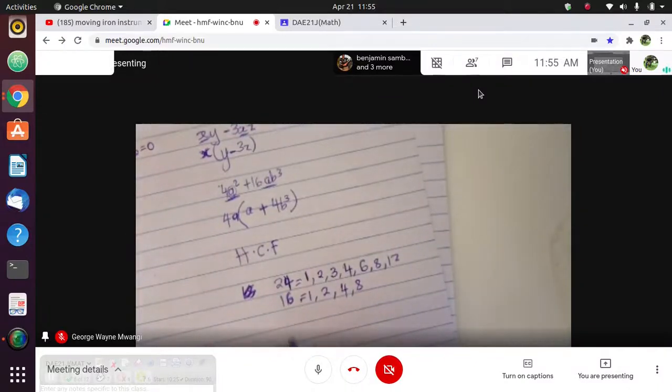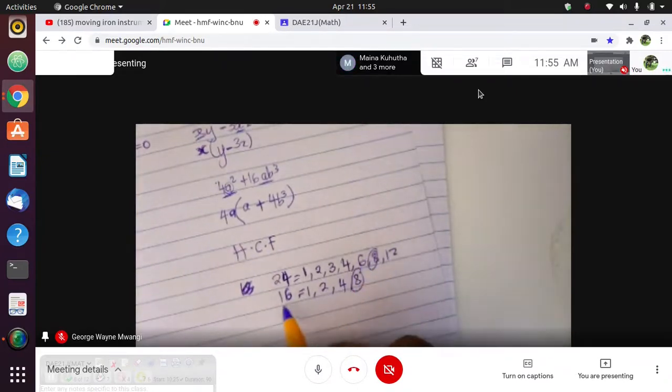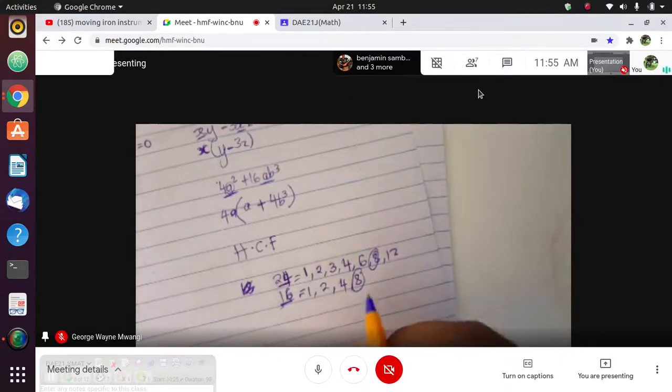Now, when I ask you to find the highest common multiple between 24 and 16, itakuwa ngapi? 8. The highest common factor is the number that 24 and 16 share. Na value ni the highest, it has the highest value.